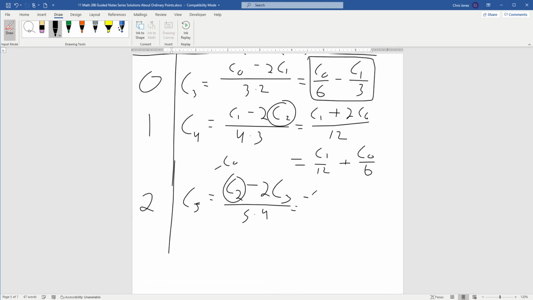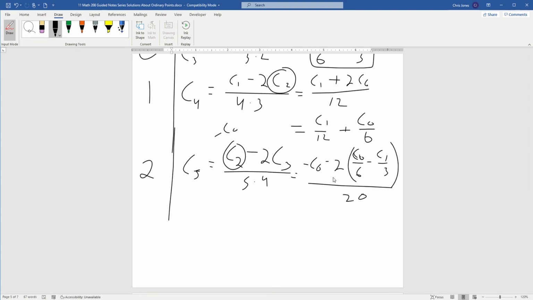as the opposite of C naught minus 2 times C naught over 6 minus C1 over 3, and that's all divided by 20. Now we have an expression that we can simplify even further. Notice that we have a negative c naught, and then a negative 1/3 c naught.